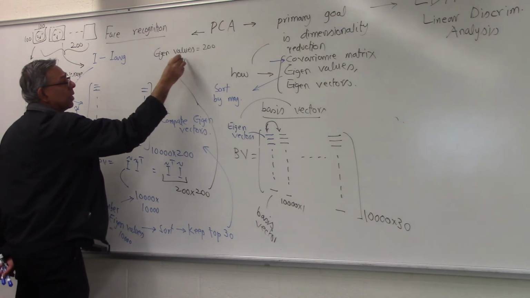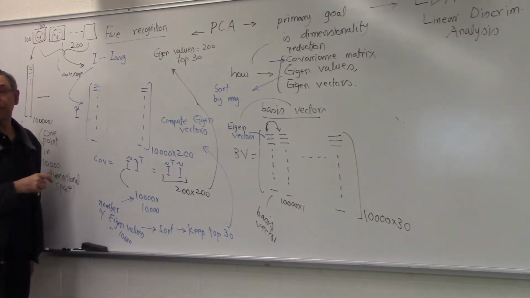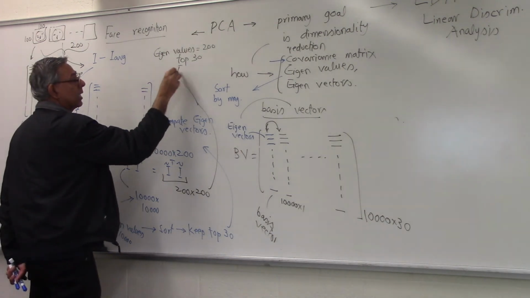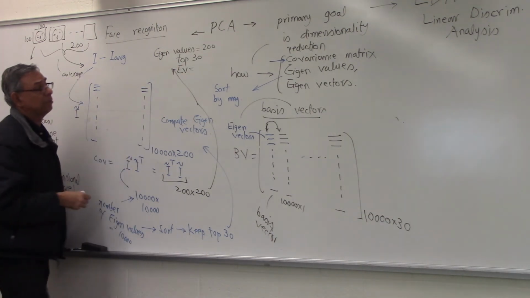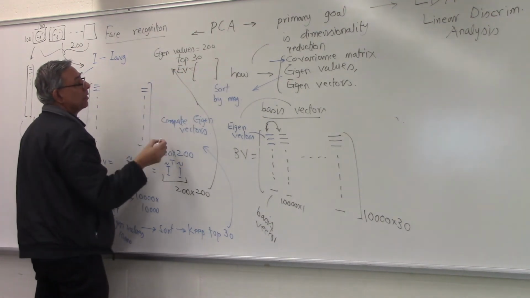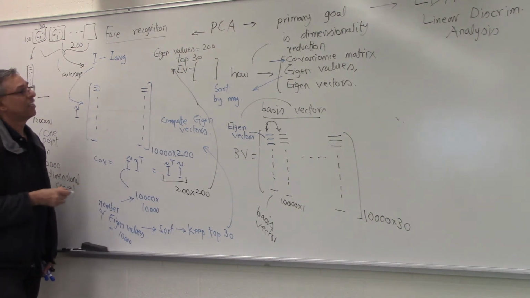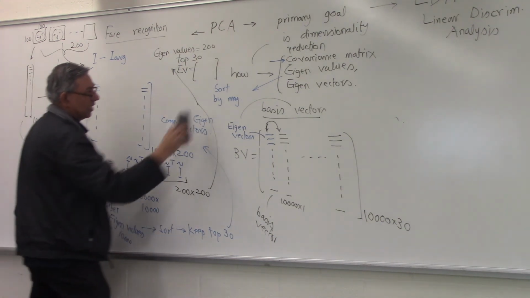If I again sorted it, kept the top 30, corresponding to those top 30, I created an eigenvector matrix. What would be the size of that? 10,000 by 3... no, I'm going from here to here. Okay, 200 by 30.